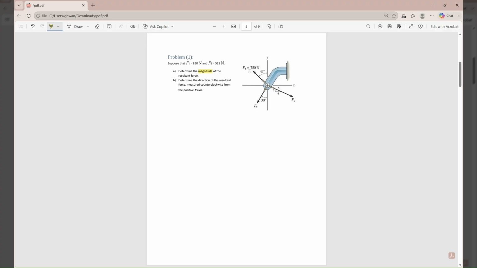We're asked to determine the magnitude of the resultant force in part A. In part B, we're asked to determine the direction of the resultant force measured counterclockwise from the positive x-axis.